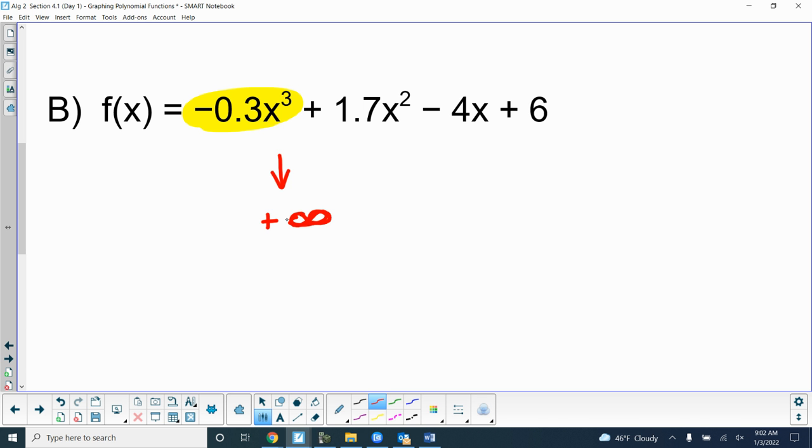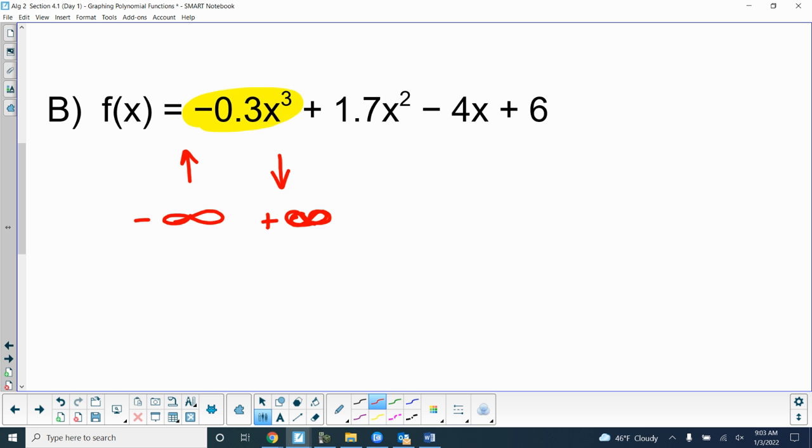I'm not very good at my infinities today. And what's my degree? My degree is odd. So what's my far left going to do? Go the opposite direction, right? Okay, so those would be opposite directions.